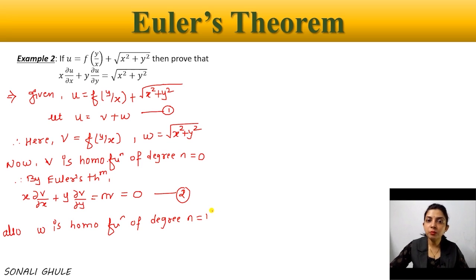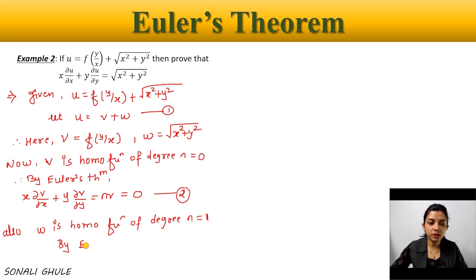If it is not possible to find directly the degree of a given homogeneous function, you can use the method: put x equal to xt, y equal to yt, and then find its degree and check whether it is homogeneous or not. That also you can do. So here w is a homogeneous function of degree 1, so I can use Euler's theorem because it is homogeneous.